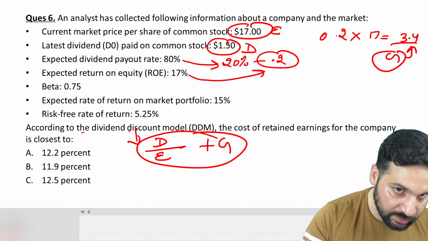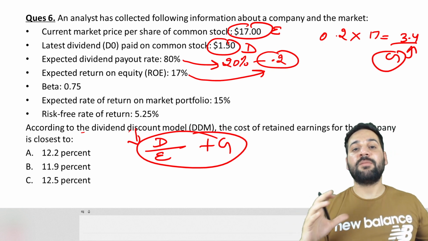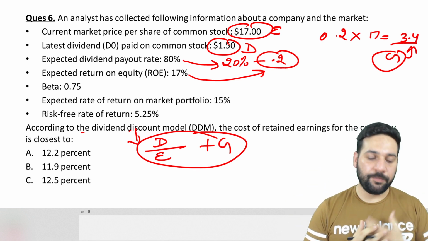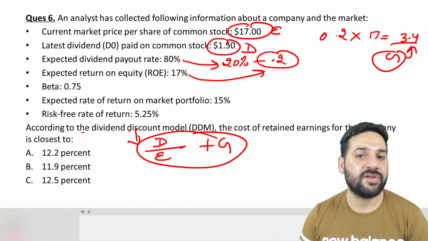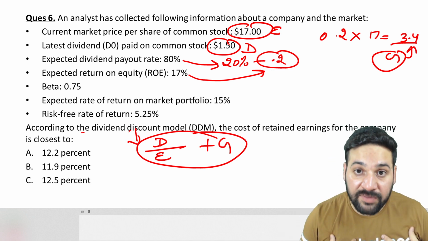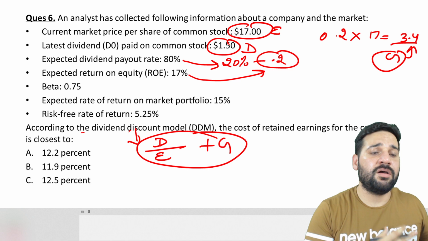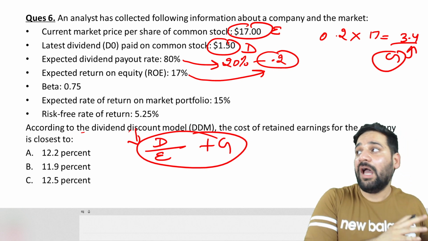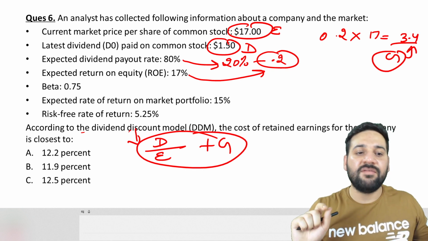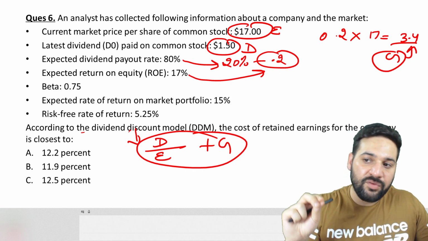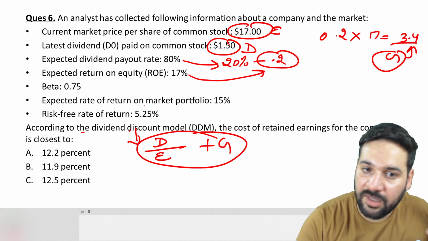Are you getting it? Whatever money we retained, say we made 100 rupees and distributed 80 rupees to our shareholders. The 20% that we retained, we are investing back into the business, and on that money we make a return. 17% is the expected return, so we are making 3.4% on the retained earnings.